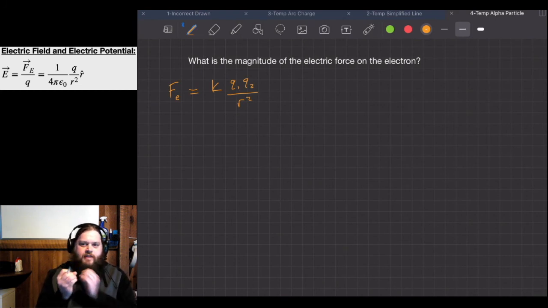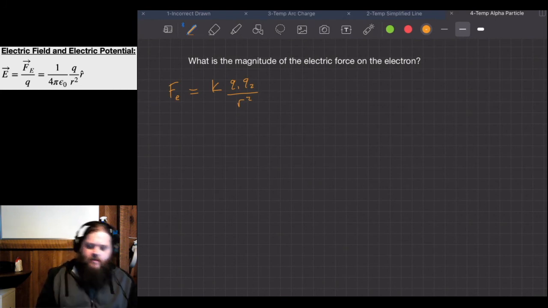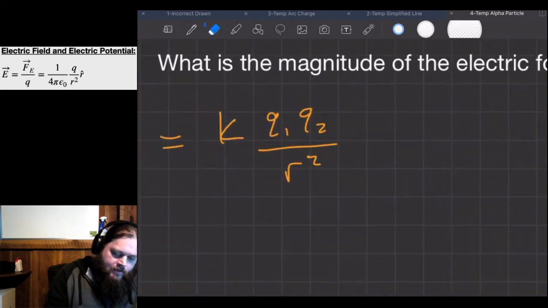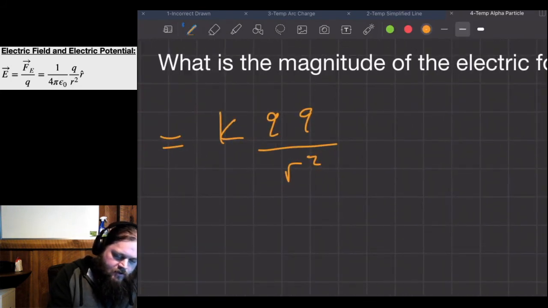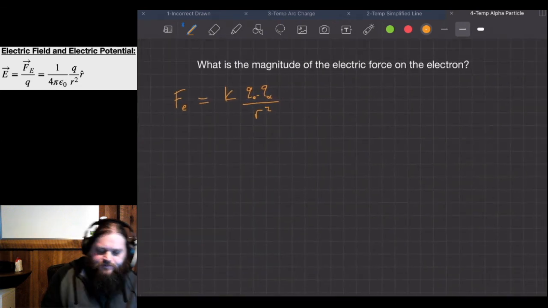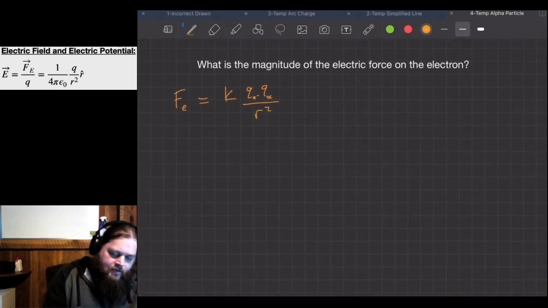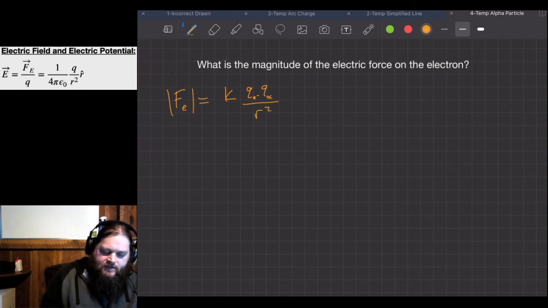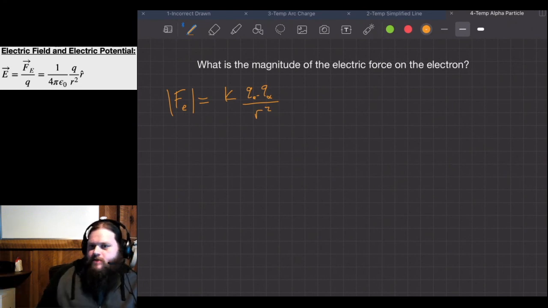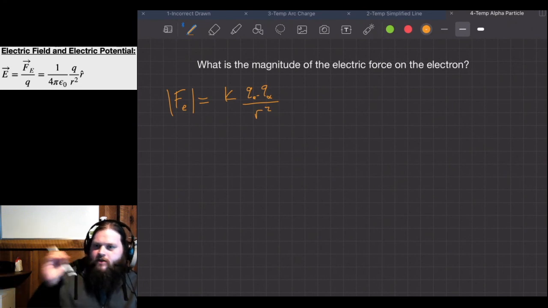It's an interaction between two particles itself. So instead of 1 and 2, let's use the electron and the alpha particle there. And we'll say the magnitude of that force, so we don't have to worry about the vector of it. And we can just plug in the same idea and do that whole same equation, putting in the value for R and the Q's that we had.